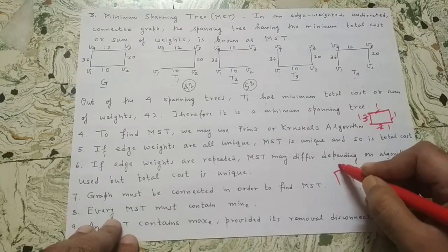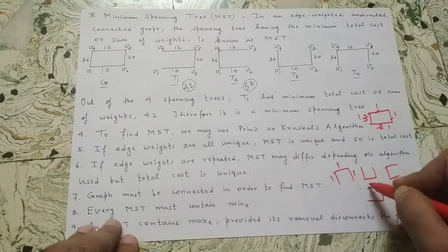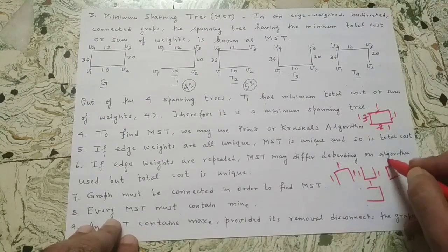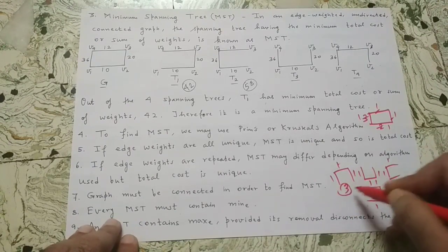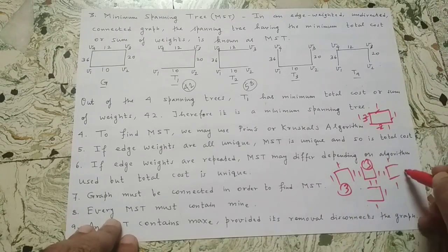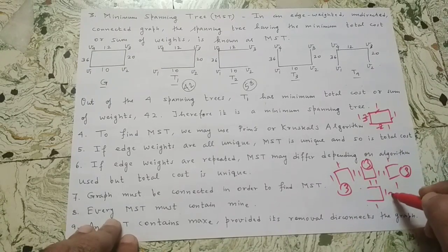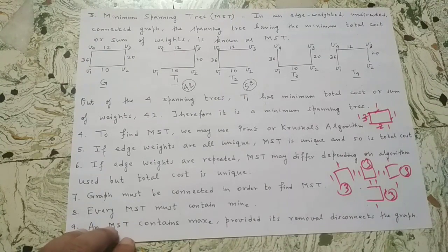Now, since all edge weights have the same value of 1, all of these have a minimum sum of weight as 3. So the minimum sum of weight remains unchanged, but the minimum spanning tree varies.